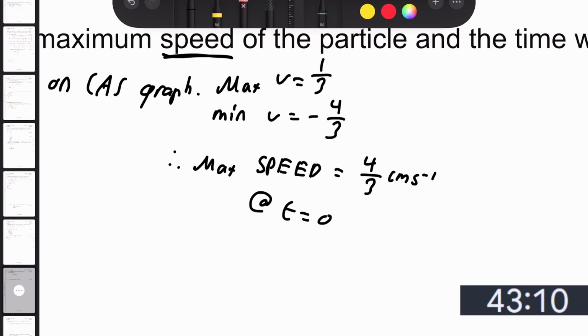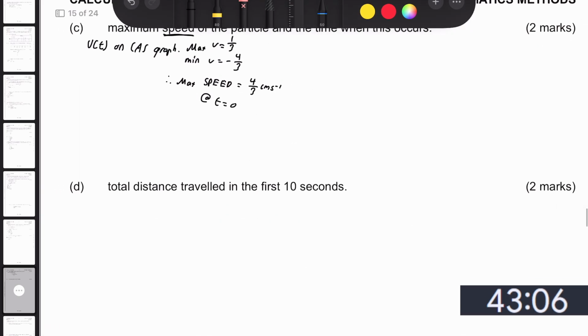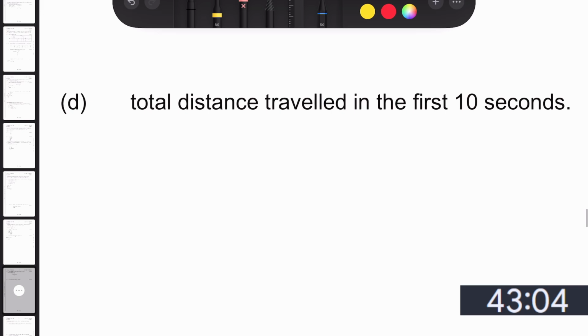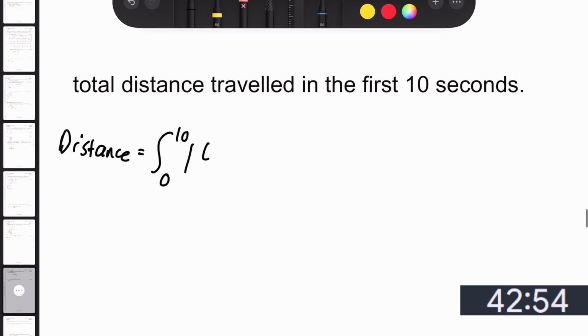At t equals 0. The total distance traveled in the first 10 seconds. Now we get to use our absolute value. So distance is equal to the integral from 0 to 10 of the absolute value of (t minus 8) over 6 dt. Make sure that's a straight line. There we go.